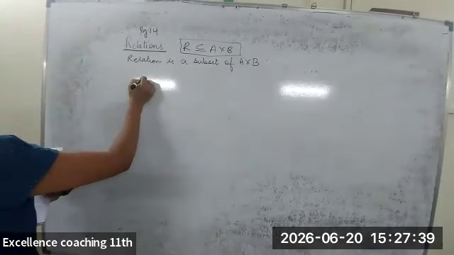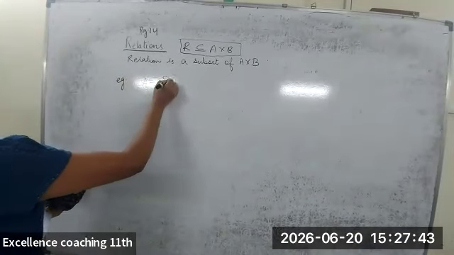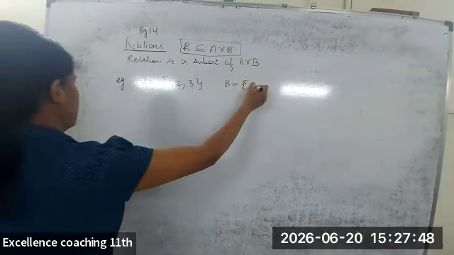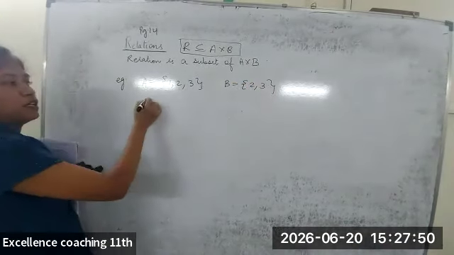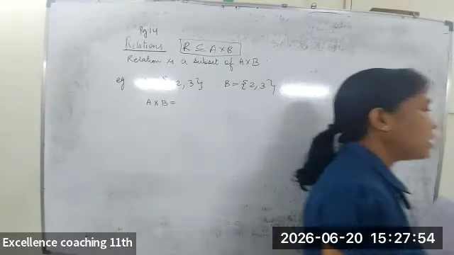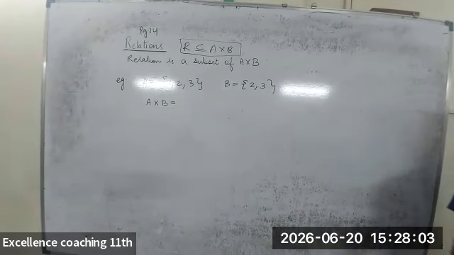So we'll try this one now. A is given as 1, 2, and 3. B is given as 2 and 3. For this particular one, just find what is the Cartesian product first. In general, just find a Cartesian product. You know that Cartesian product doesn't need any condition. Only you need set A and set B, and directly you can find it.